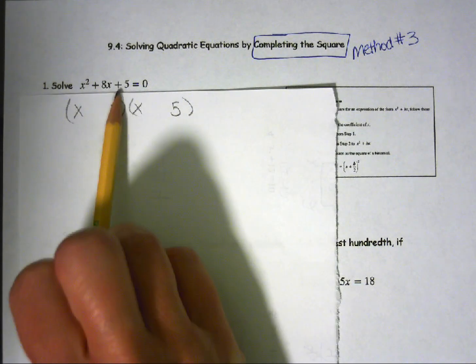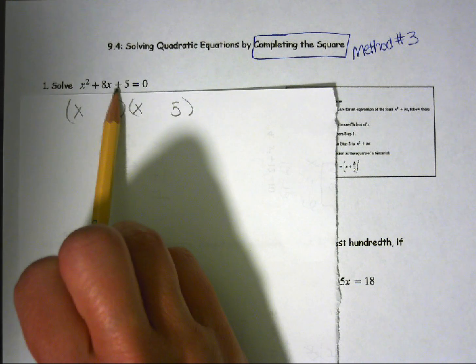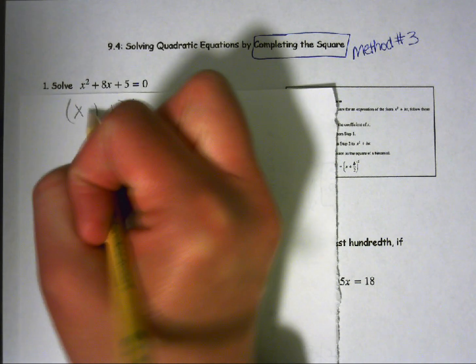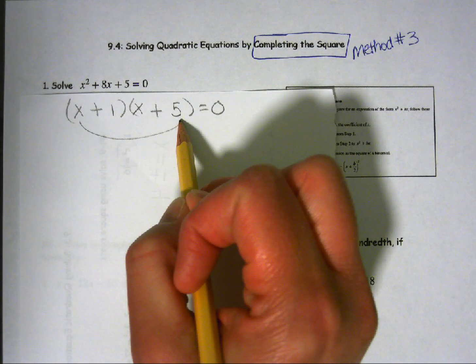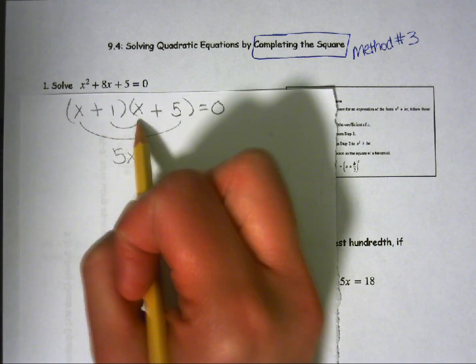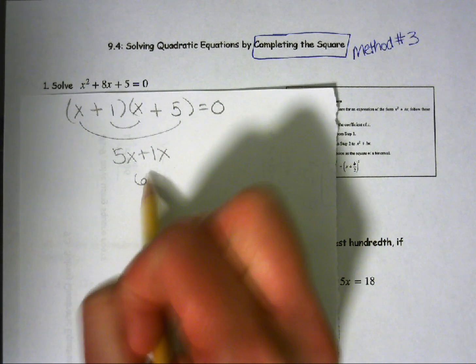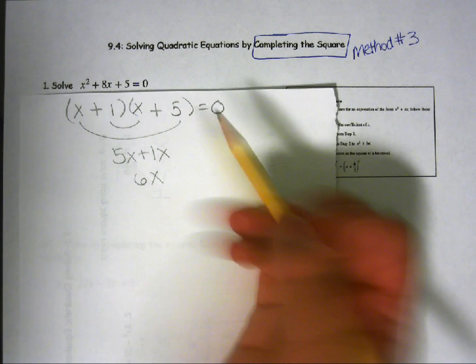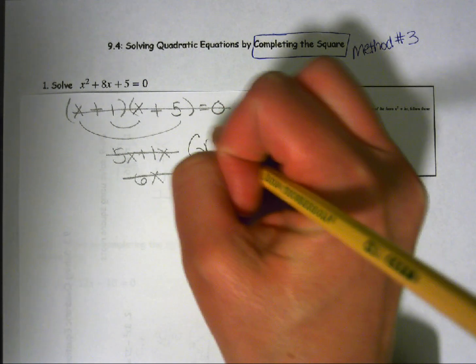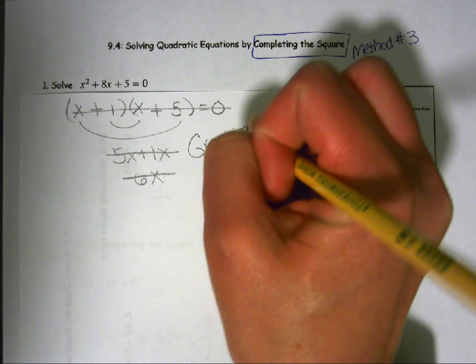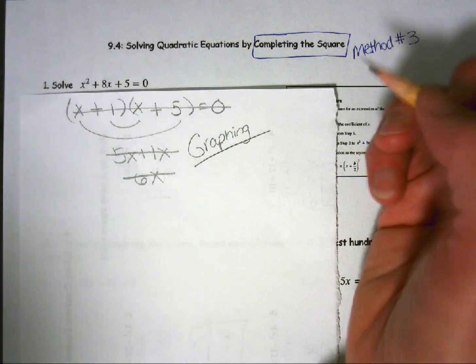And we know our signs are both positive or both the same, and then we would look back and we know they're both plus. But if we check our outers and our inners, we don't get the right middle term. So notice this problem cannot be factored. Now, we could go to graphing, but I want to show you how to do this in a different method.